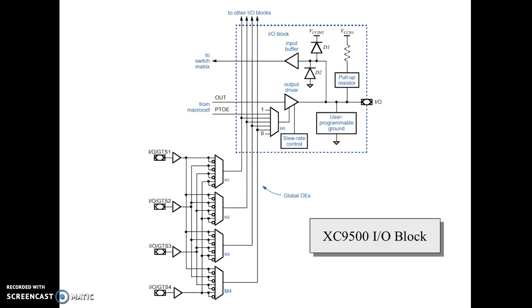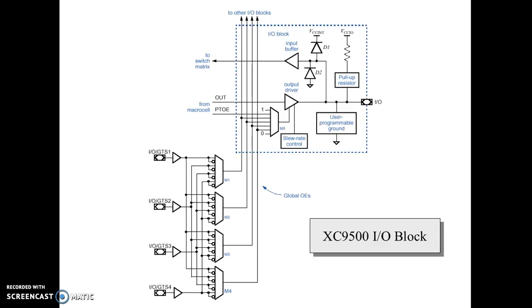Output edge rate may be slowed down to reduce system noise under user control. Each IOB provides user programmable ground pin capability. This allows device IO pins to be configured as additional ground pins in order to force unused pins to a low voltage state as well as to provide additional device grounding capability.